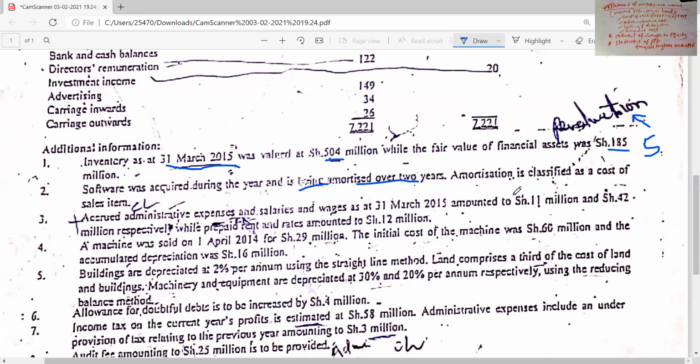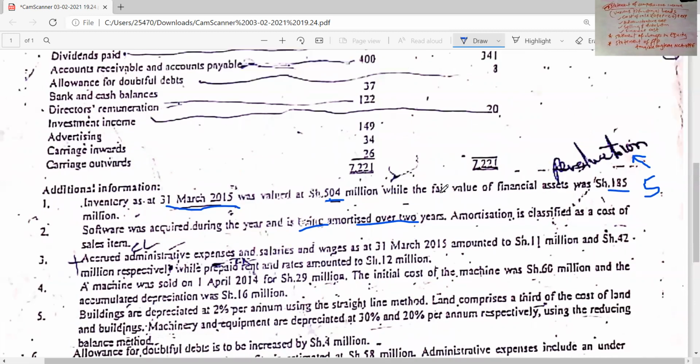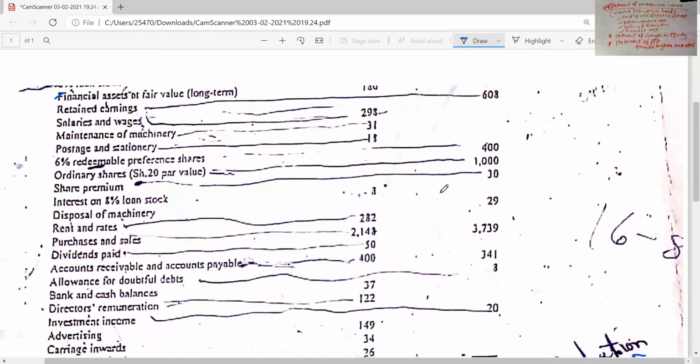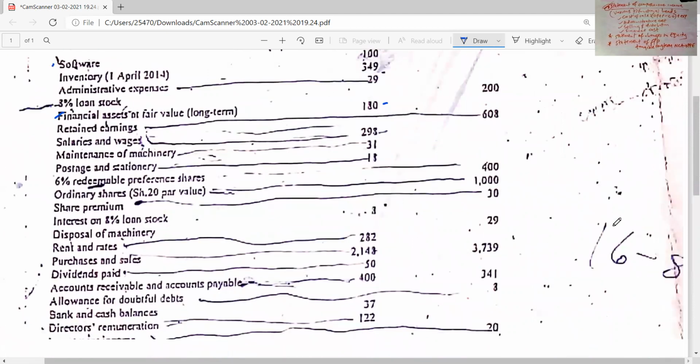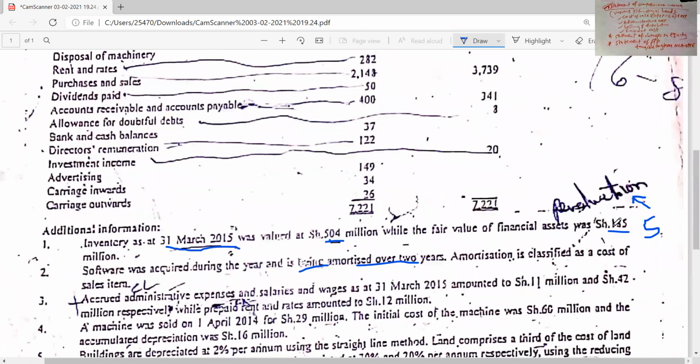So you will check the software, and remember amortization is an expense. You will check the software in the trial balance. This is the one. So this is the 100. You will divide by the 2 years, so you get 50. That is the amortization of software expense.